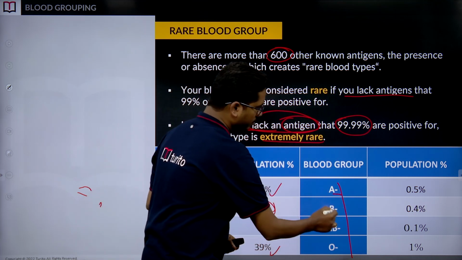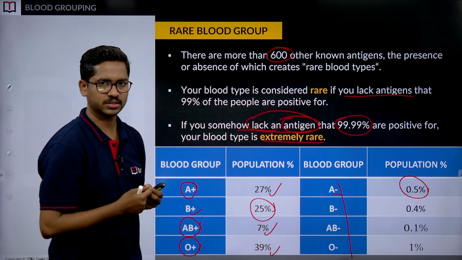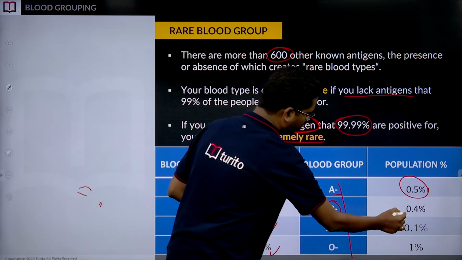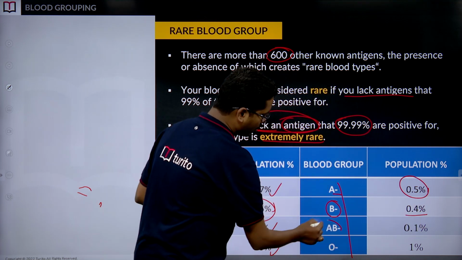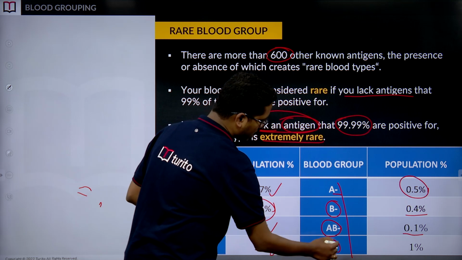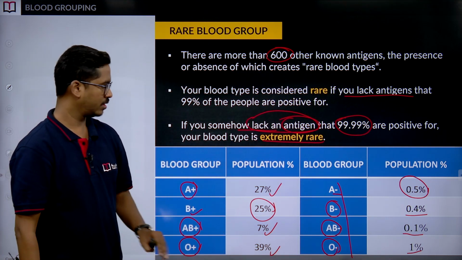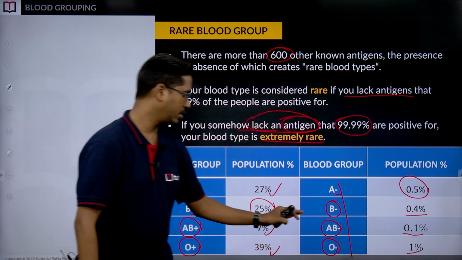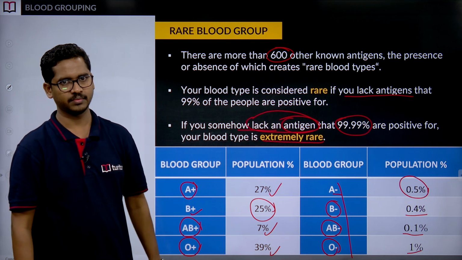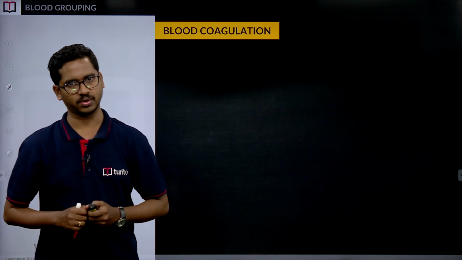So, A negative, 0.5% people, in the Asian context, they do not have antigen in them. B negative people 0.4%, AB negative accounts for 0.1%, O negative you see accounts for only 1%. So, that is why you get to see these blood groups are rare. That is why we have blood banks and all to store them and to use accordingly.